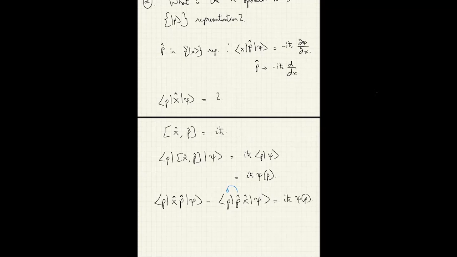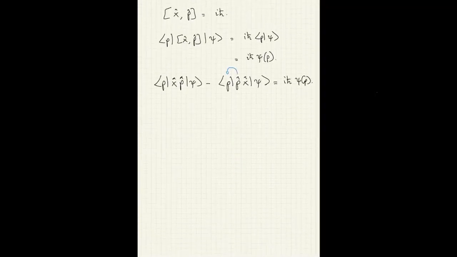So I can further write this as ⟨p|XP|psi⟩, which is a number, minus the number p times ⟨p|X|psi⟩, equals iħ psi of p.